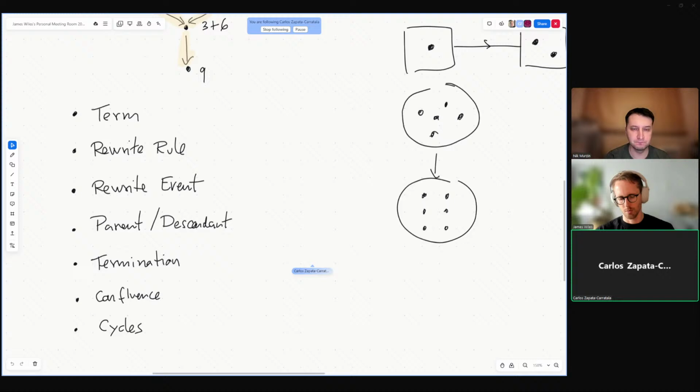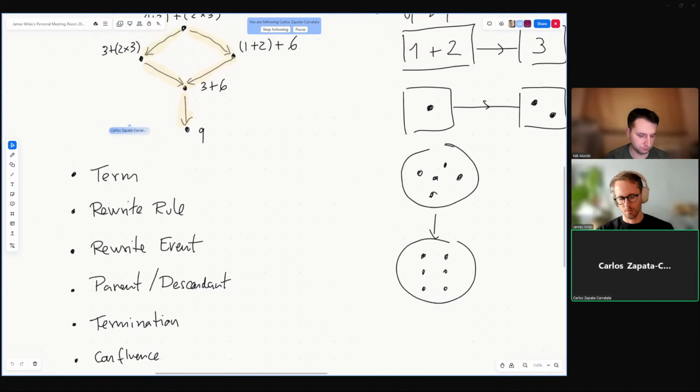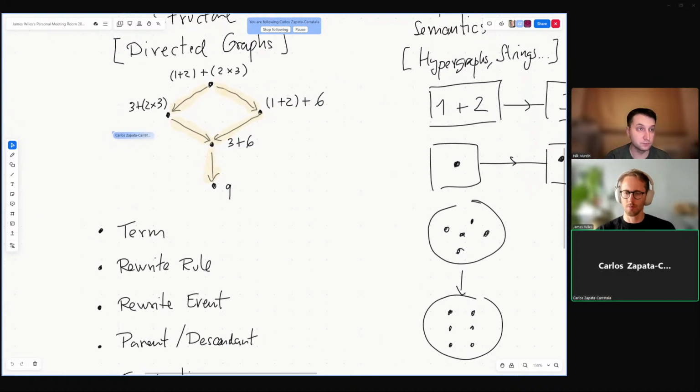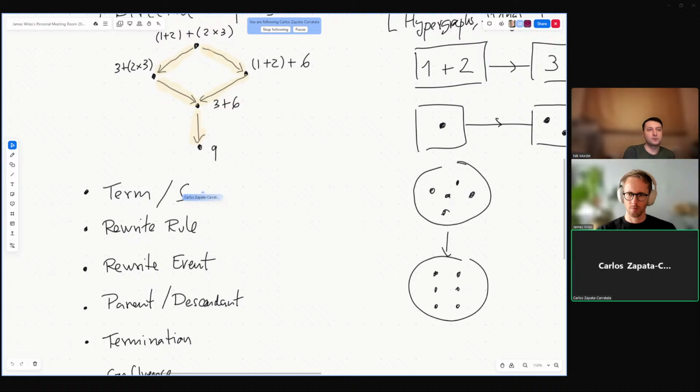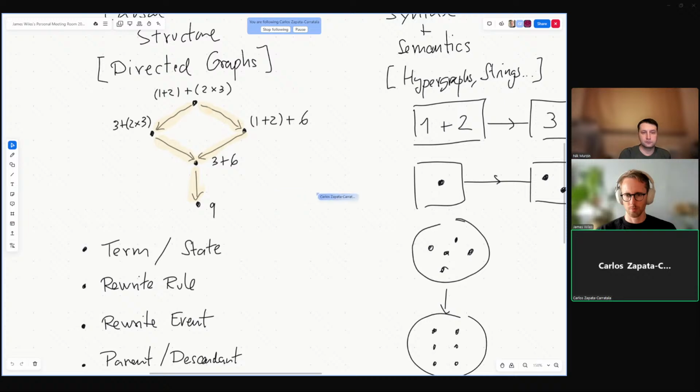So these are some of the buzzwords that we throw around a lot when we talk about rewrite systems. And I think it's best to just illustrate what these things mean in context. So, of course, term, maybe I'll say term or state, that's the thing that you're manipulating. In this particular case, expressions of arithmetic, combinations of symbols.